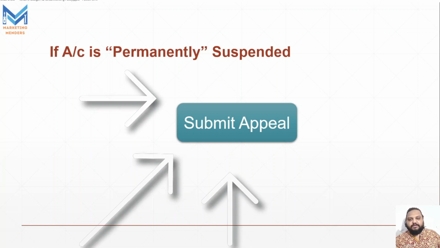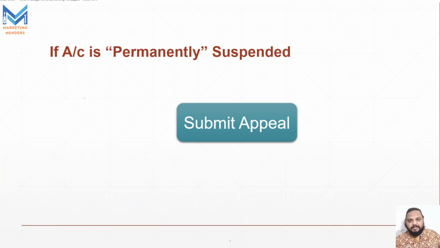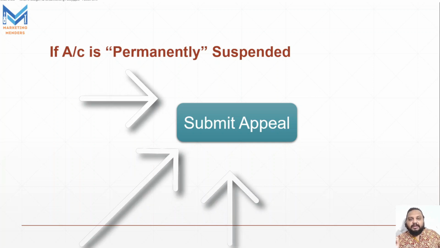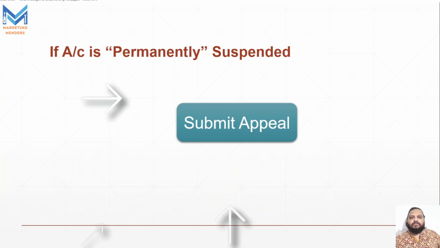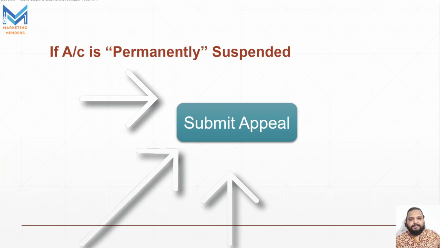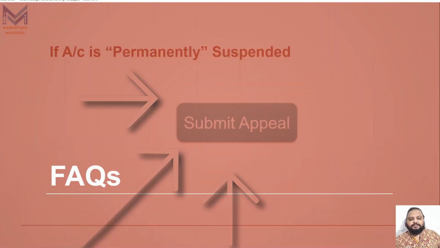So the best practice is, you should be raising an appeal, but then you should be finding the cause of the problem, trying to remove the cause, and then create a new account to start creating your campaign, because there is no remedy or no solution to this suspension.